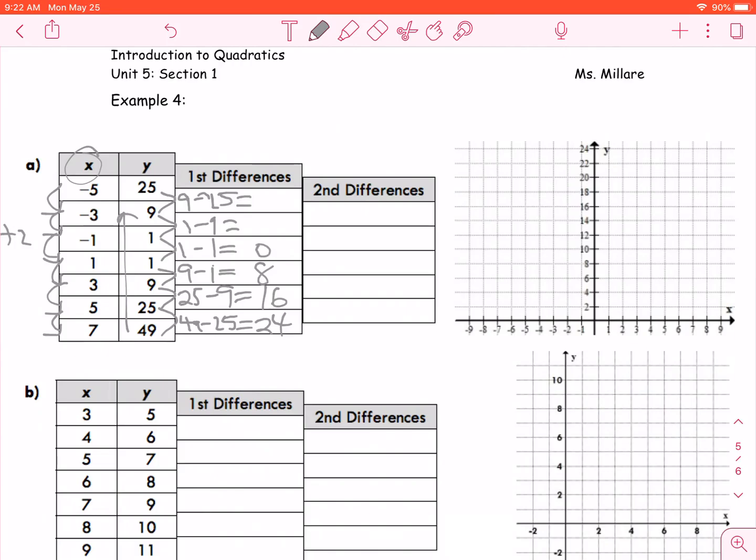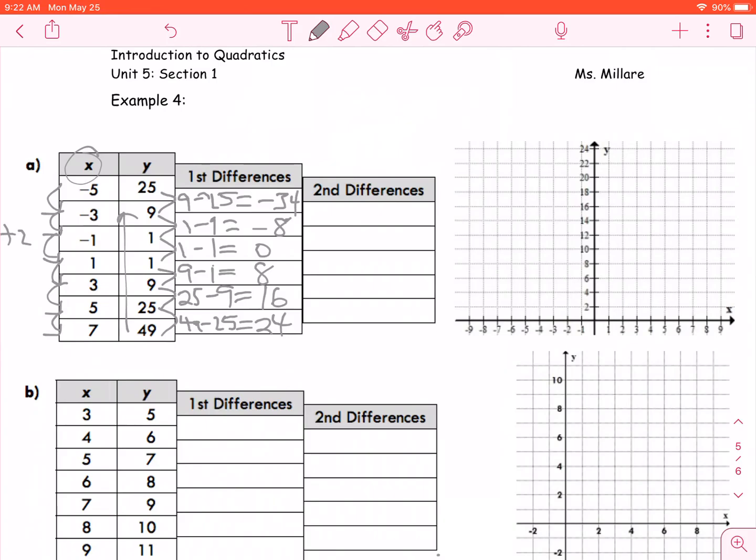1 take away 9 should be negative 8. Oops. And 9 take away 25 should be negative 16. Okay.